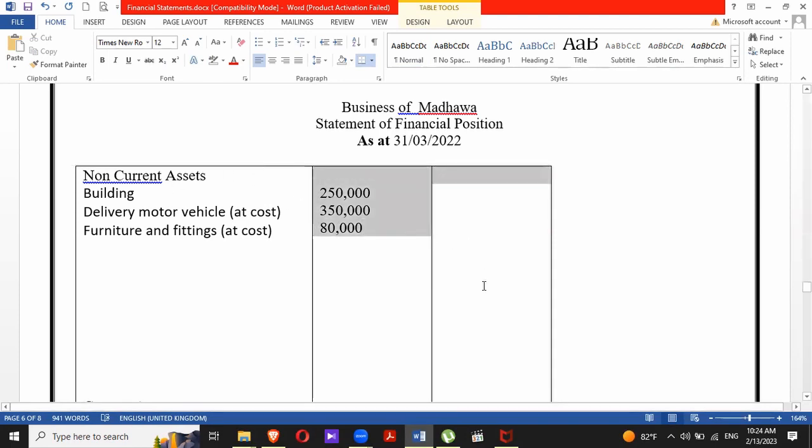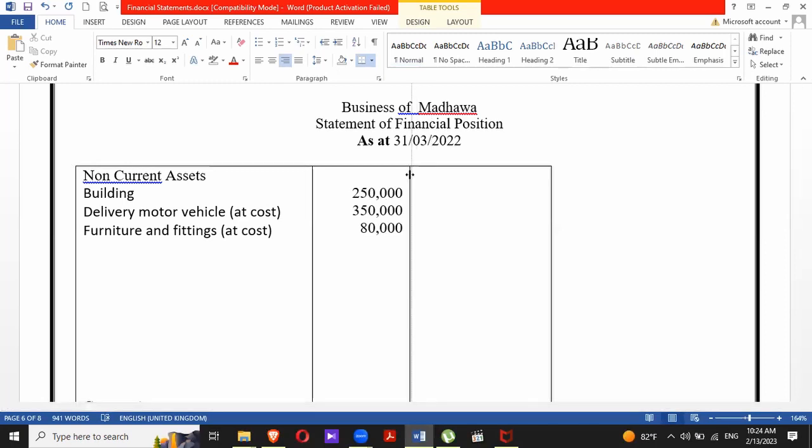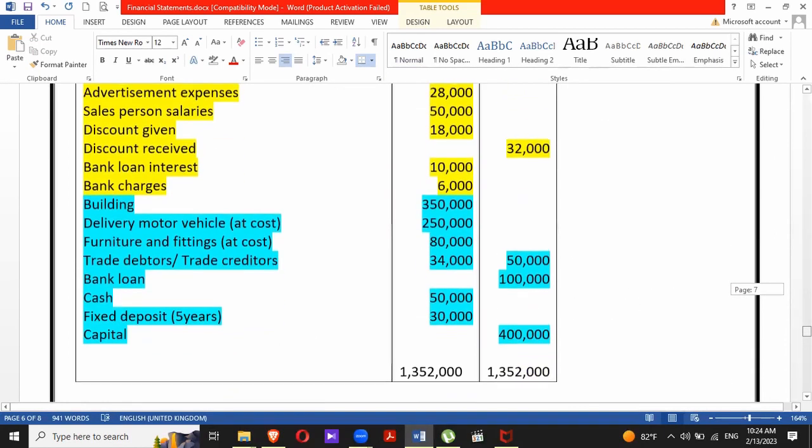Right. Then we can mention the next one, we'll see what are the things given here. I think they are current assets. After the non-current assets, we'll see what are the things given here.